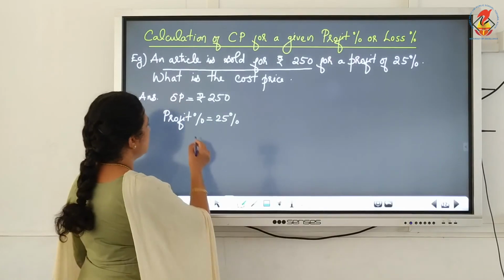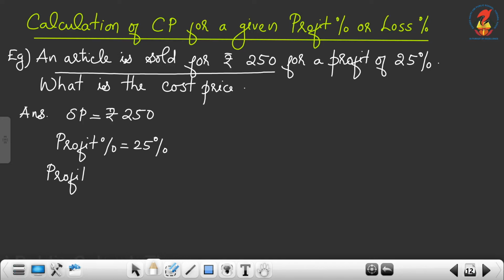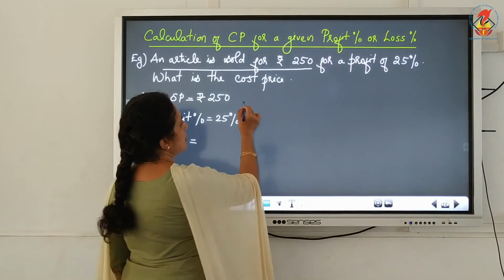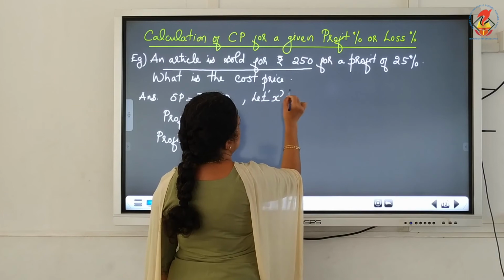So here the percentage is given. So we can find out the profit. So how can you find out the profit? Profit is always calculated on which price? Cost price. Here we have to find out the cost price. So we can assume that let X be the cost price.